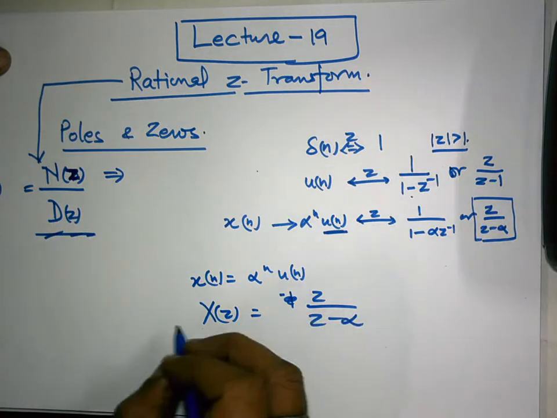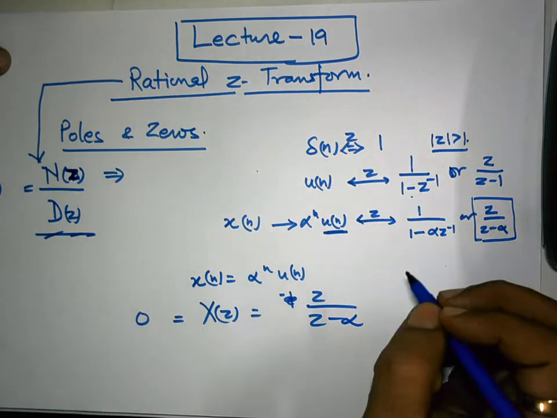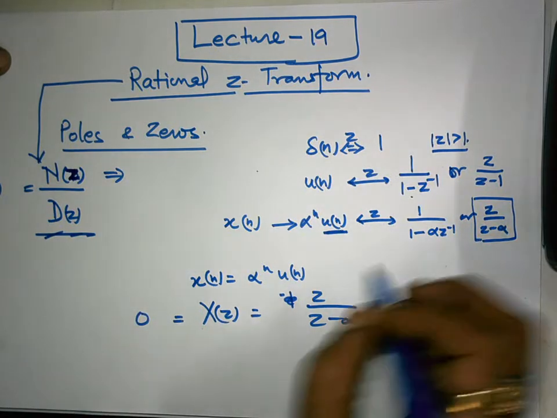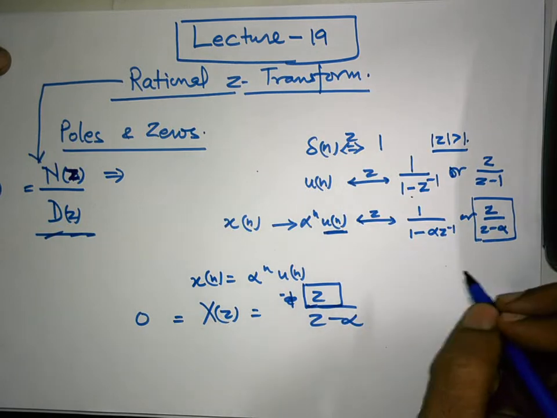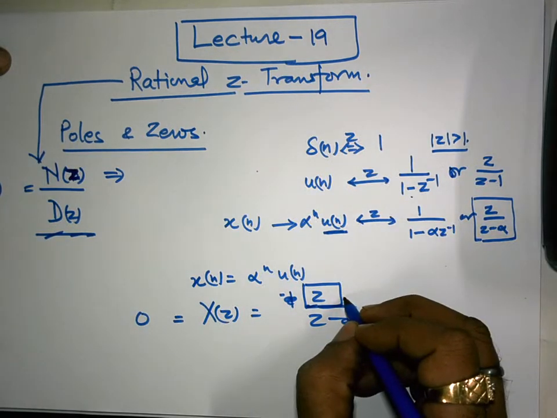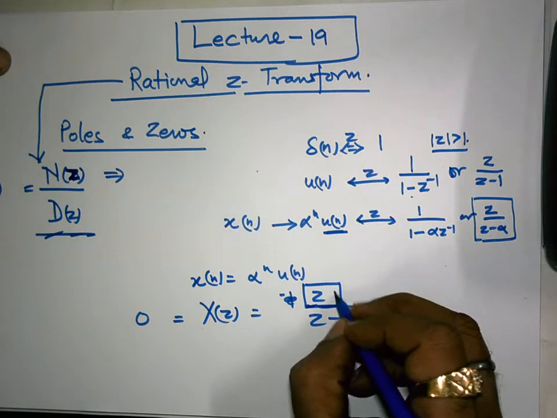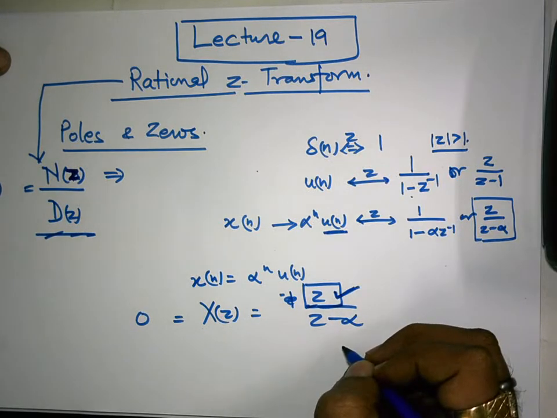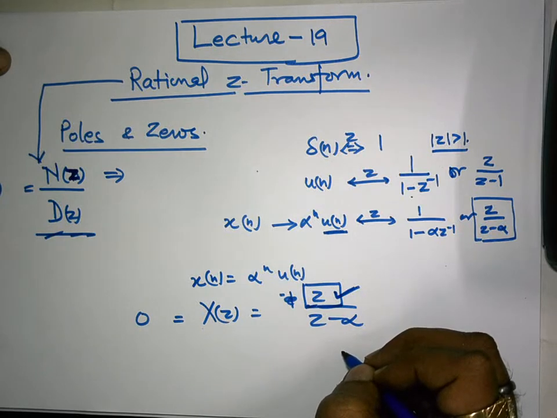Now if this X z happens to be equal to 0, we have to equate the term in the numerator to 0. What are the roots of this numerator polynomial which make it equal to 0?